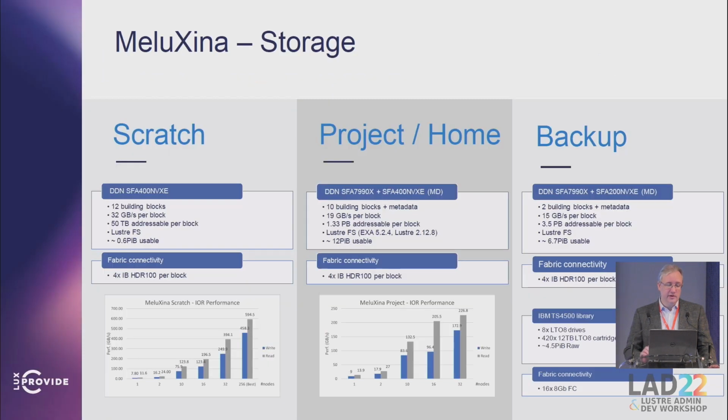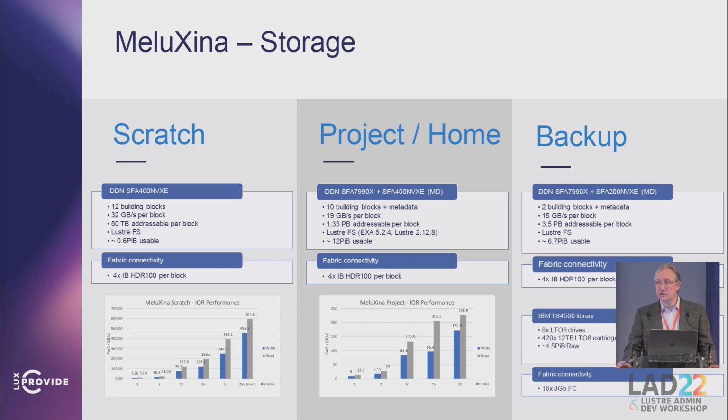So this presentation is about the snapshots, and of course the snapshots need to take place on storage. So Meluxina has 4 Lustre file systems, of which 3 are listed here. So we have a scratch file system. You can see on the left-hand side, 12 building blocks, 0.6 petabyte usable.